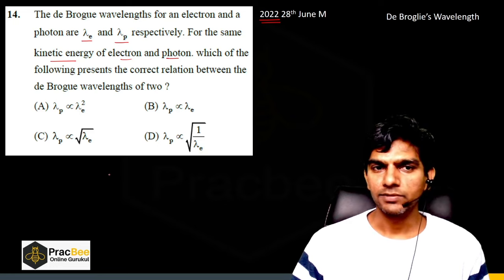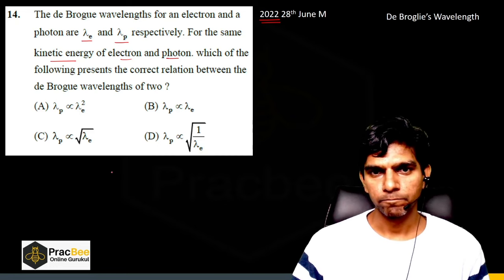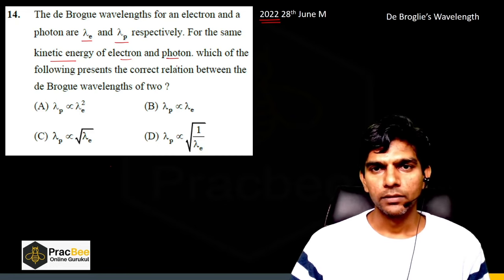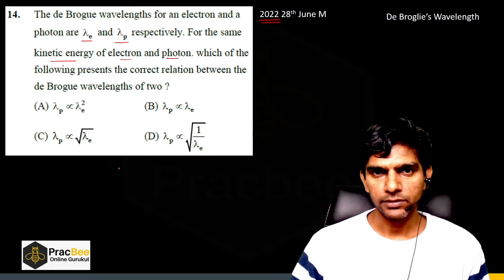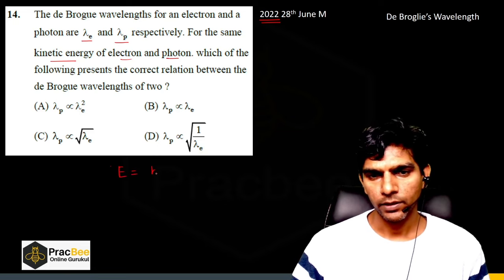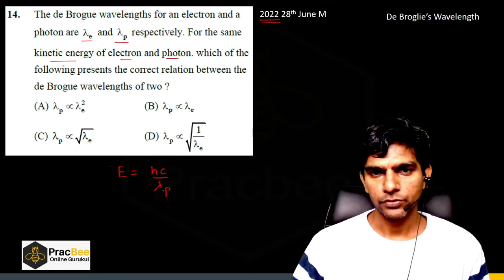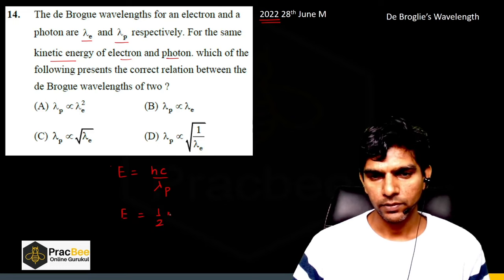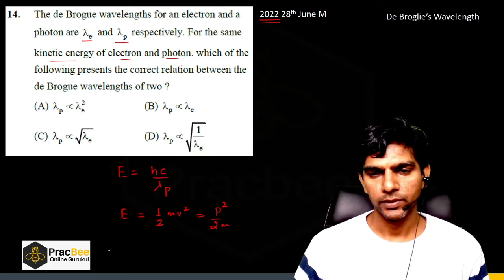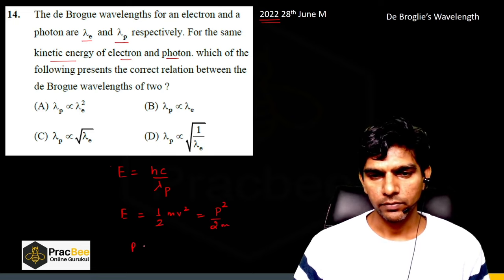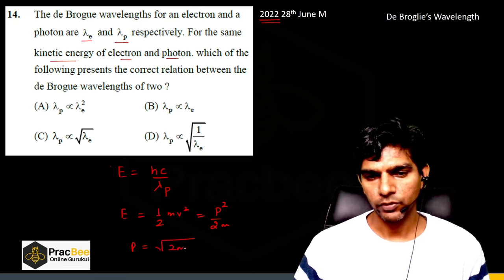Right, so they have same kinetic energy. So for same kinetic energy, the energy of photon will be hc by lambda of photon, and energy of electron will be half mv square, or we can also write this as p square by 2m, and p can be written as root of 2mK.